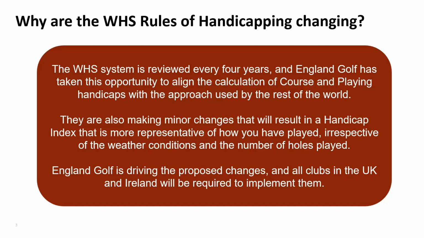And what they can do is use that data to tweak the system to give everybody a fairer handicap. So handicap indexes today don't change. Unfortunately, my handicap index doesn't go down between March 31st and April the 1st. It's exactly the same, but there are some optimizations going forward.